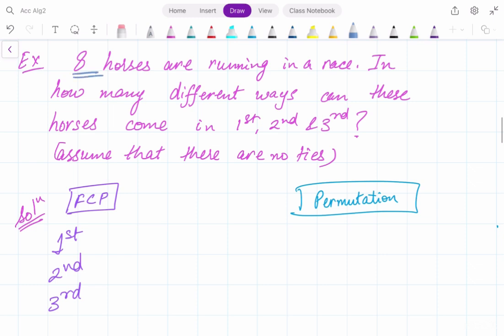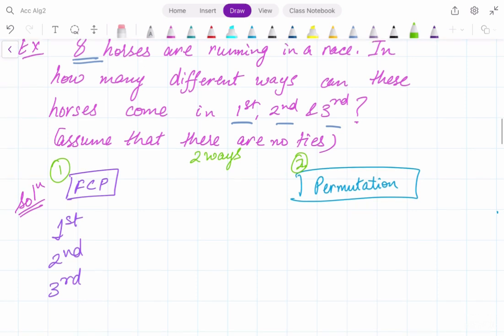Let's take one example, and we will solve it two ways, with the fundamental counting principle and permutation. I guess you might have read the question. They are asking for the first, second, and third position. Let's start with the fundamental counting principle. For the first prize, how many are there for the first position?